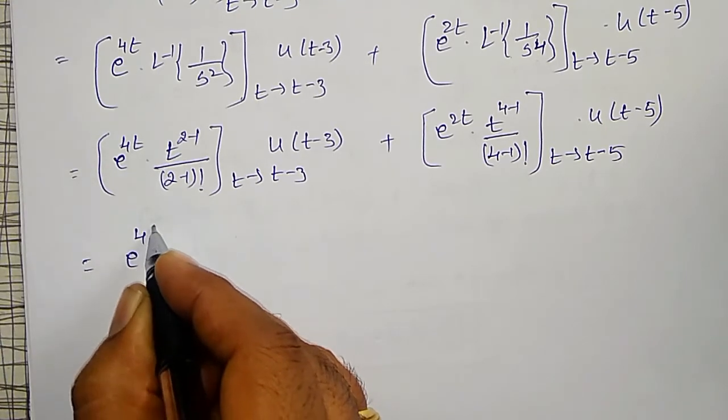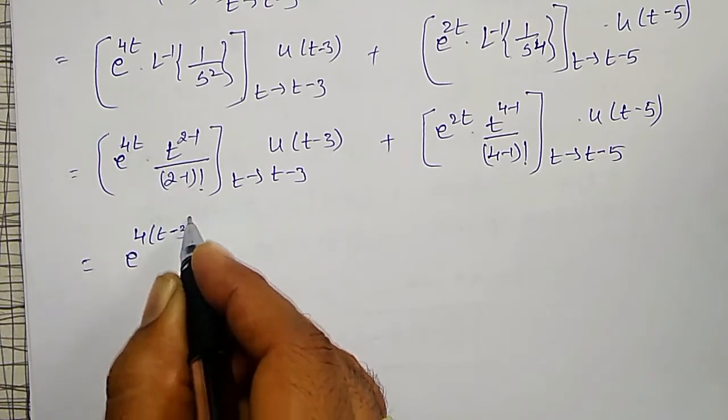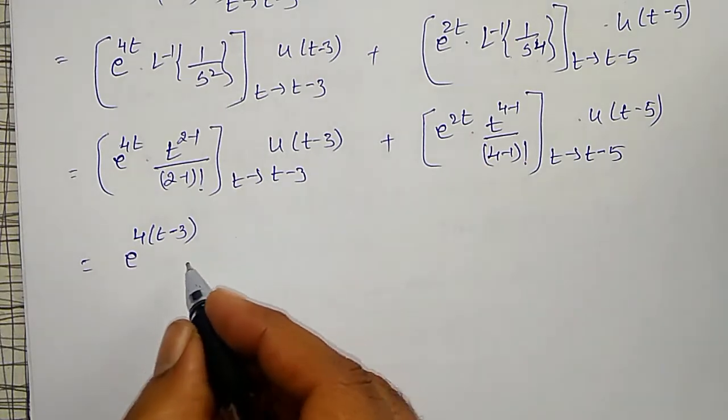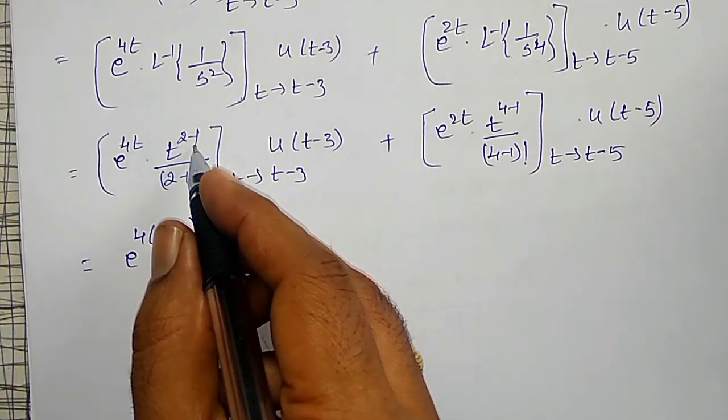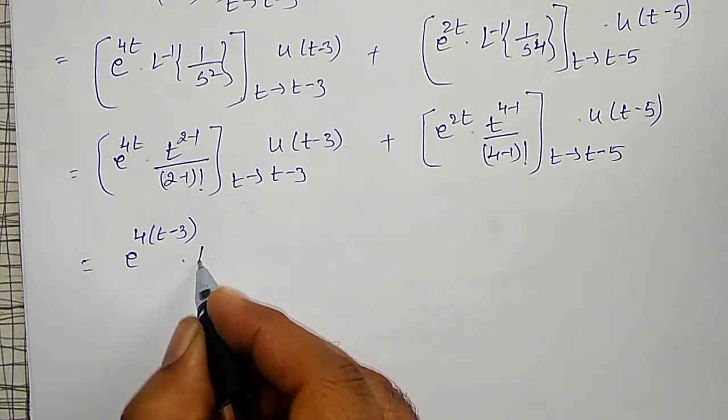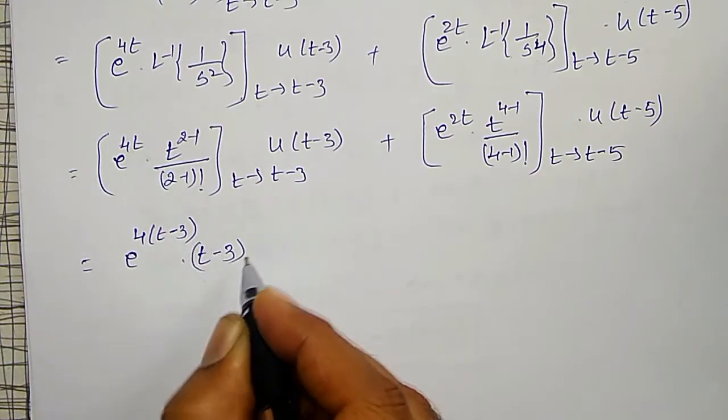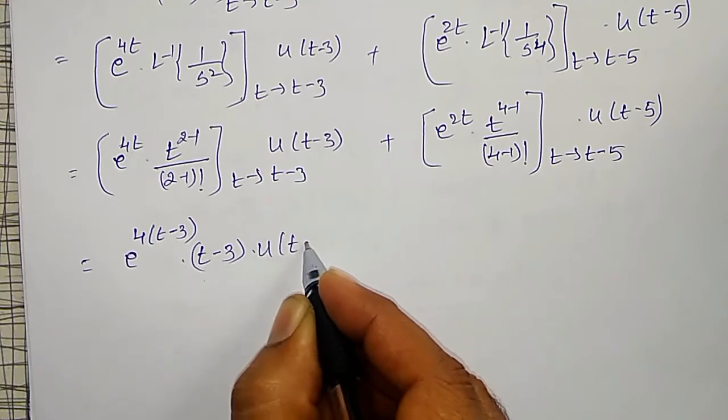Okay, let me simplify the last, final answer as, t is replaced by t minus 3, e to the power 4 into (t minus 3), into t raised to 1 is t, therefore (t minus 3) into u of t minus 3.